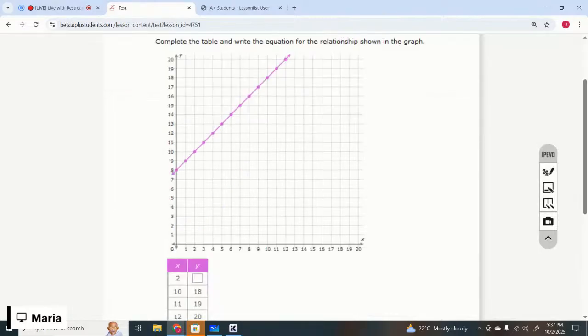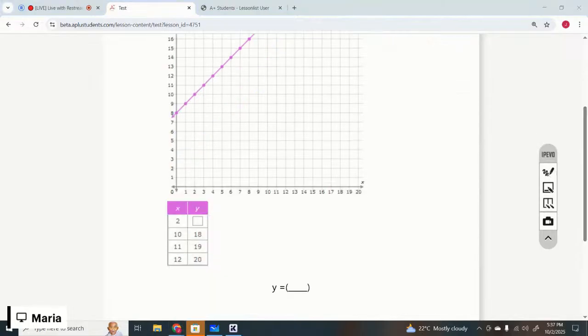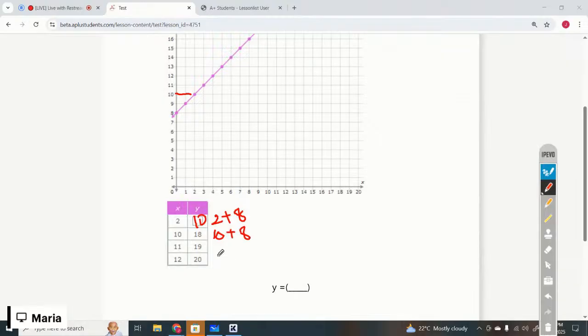Complete the table and write the equation shown in the figure. So x is 2, y is 10. The correct option is 10. Now we need to write down the equation. 2 plus 8 is 10. 10 plus 8 is 18. 11 plus 8 is 19.